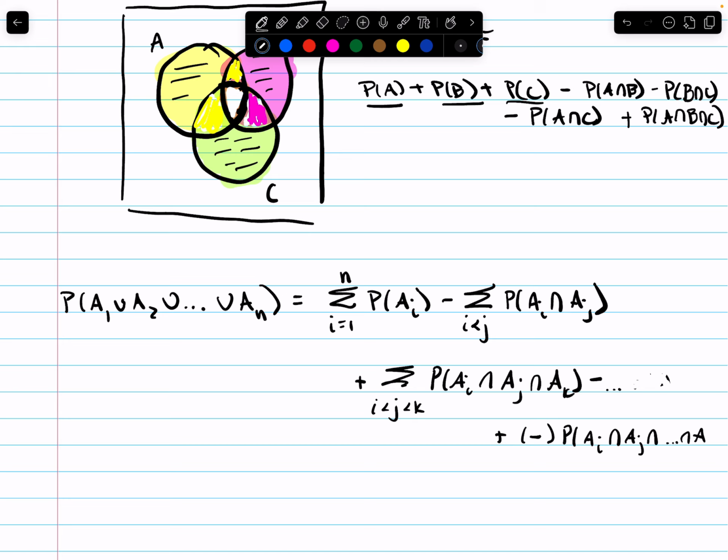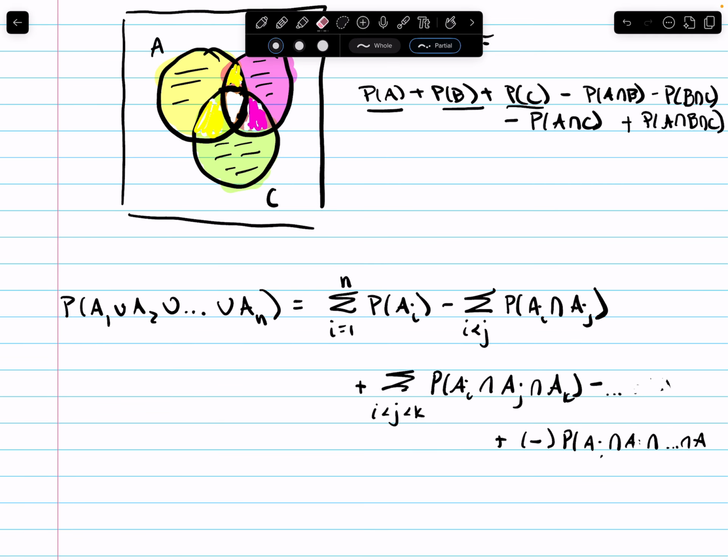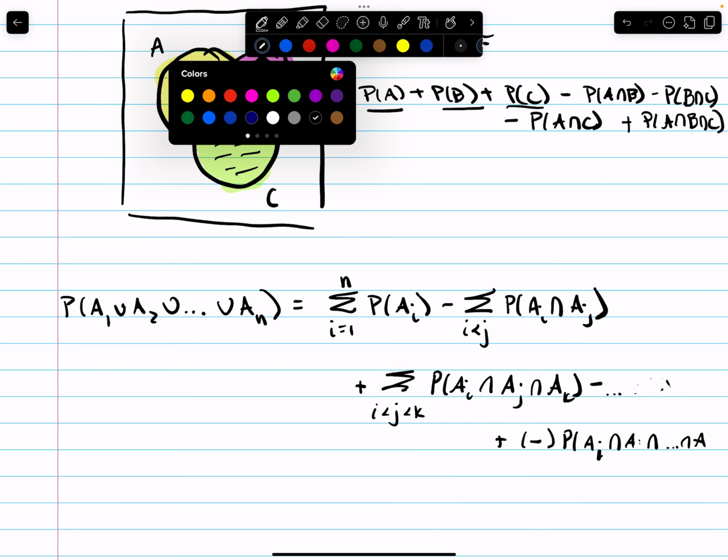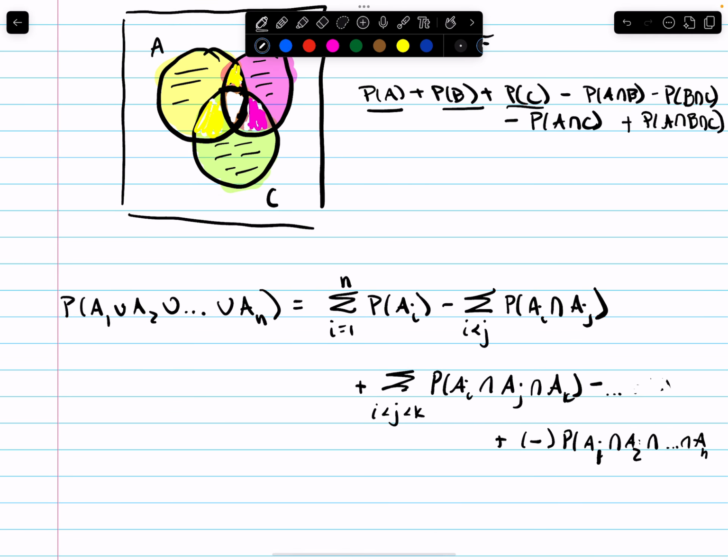A1, A2, intersect A_n. If n is even, then you're going to be subtracting off that last one. So if n is odd, we want it to be positive, and if n is even, negative. So we're going to do negative 1 to the n plus 1. And that is the inclusion-exclusion principle.